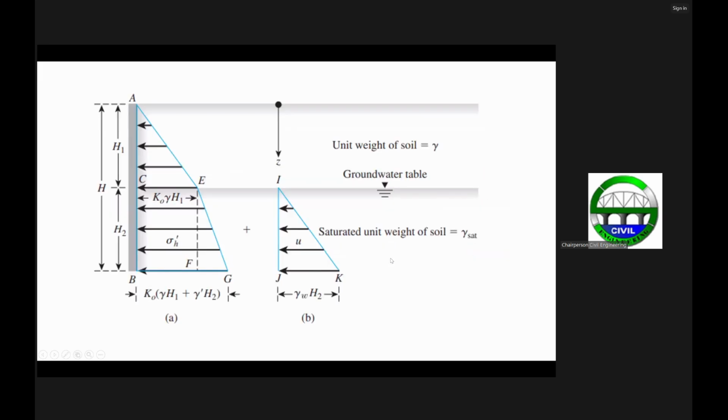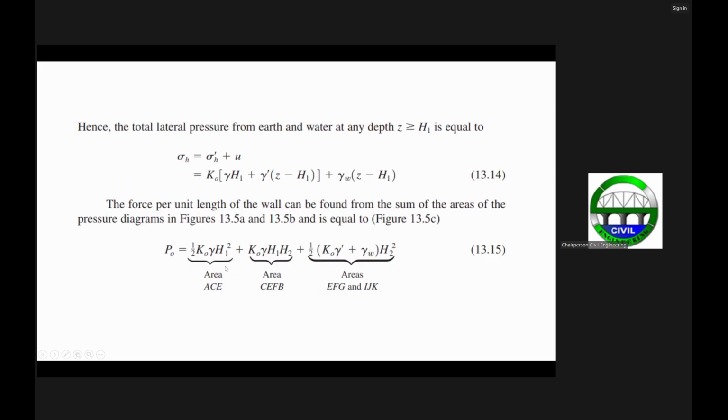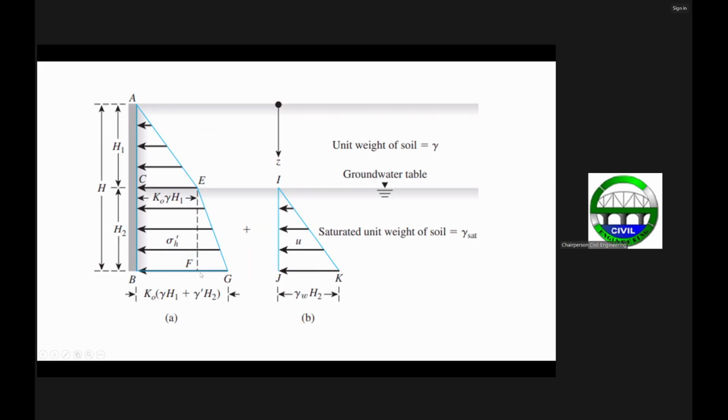The area of this triangle will now be, this one here is K sub O gamma prime H sub 2. That's K sub O.